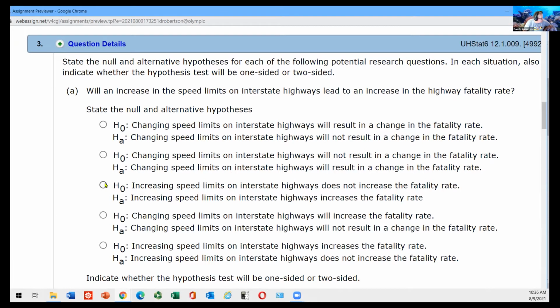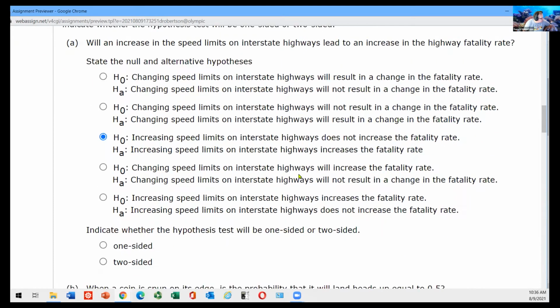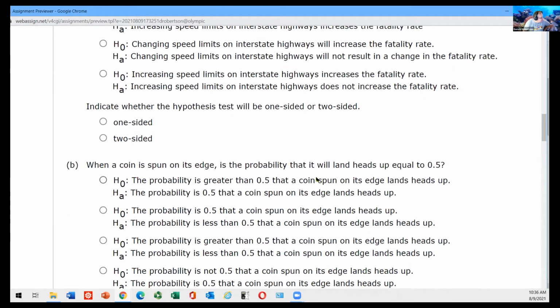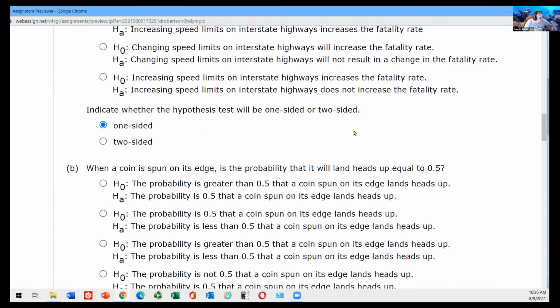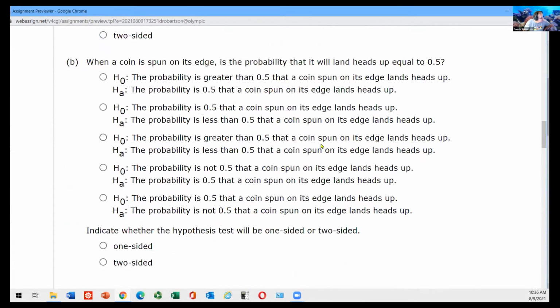I'm going with that one. Since it's an increase, it's one-sided. Actually, in this case, it would be a right-tailed.